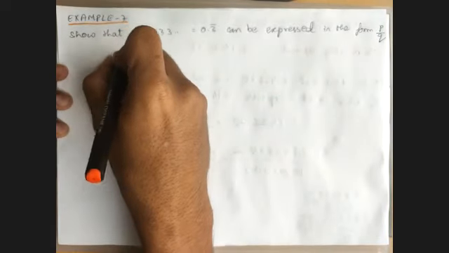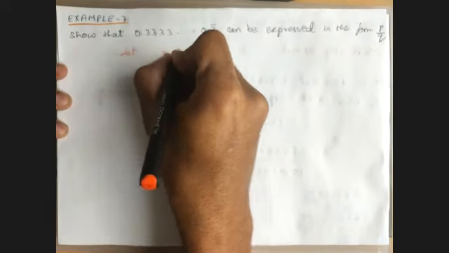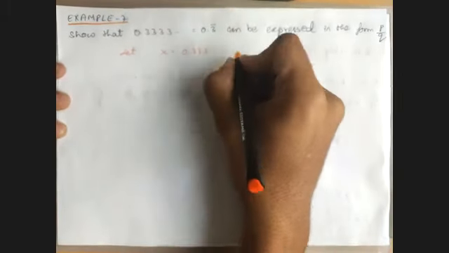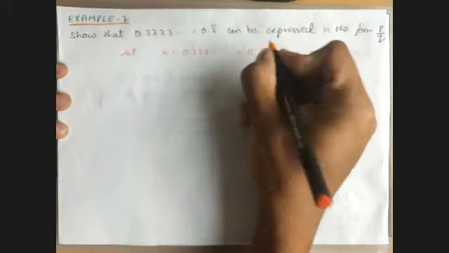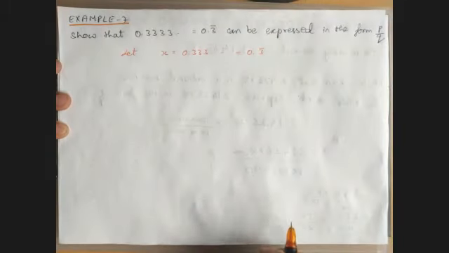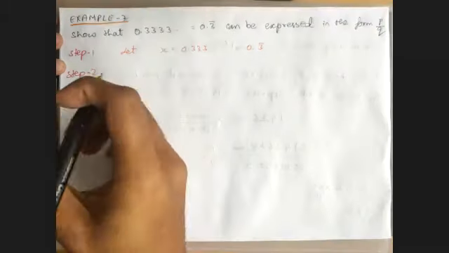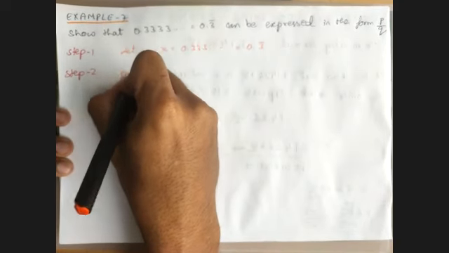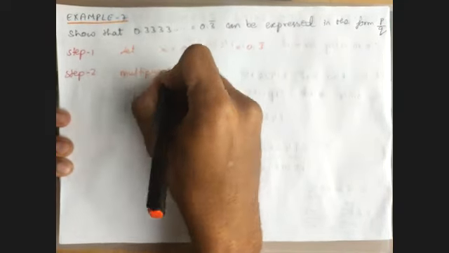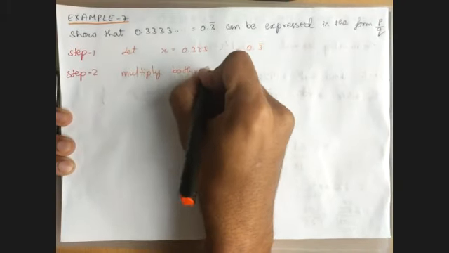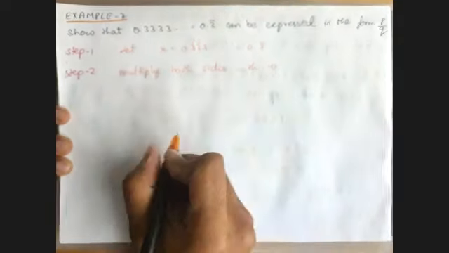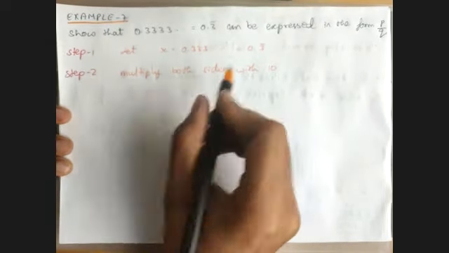We will assign x is equal to 0.333 dot dot dot, or 0.3 recurring. Now this is step 1. Now step 2 is I multiply both sides with 10.